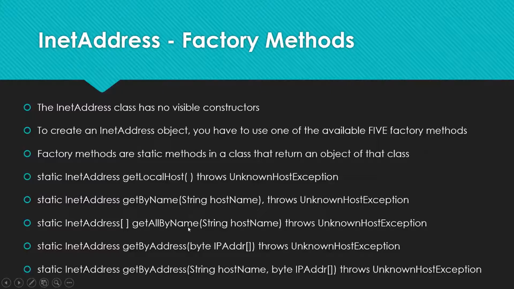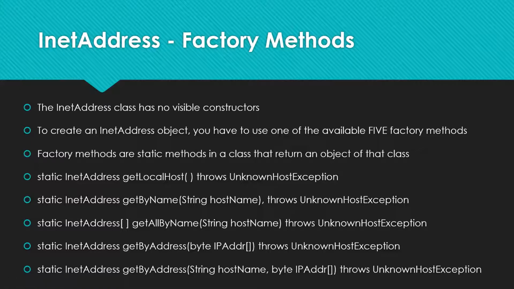In this method, we will get all the possible INET addresses for the specified host name. Fourth is getByAddress. Here we need to specify the IP address and we will get the INET address for that particular specified IP address. This getByAddress method has one more form which is given below. Here we can specify the host name along with the IP address for the particular host.